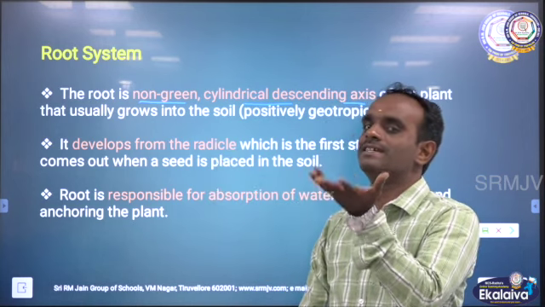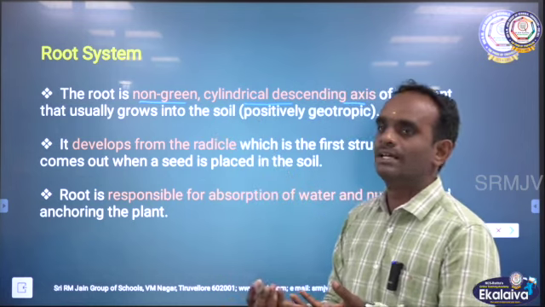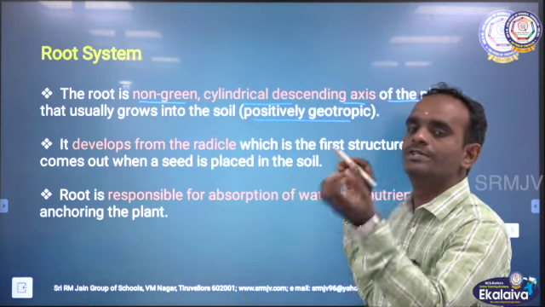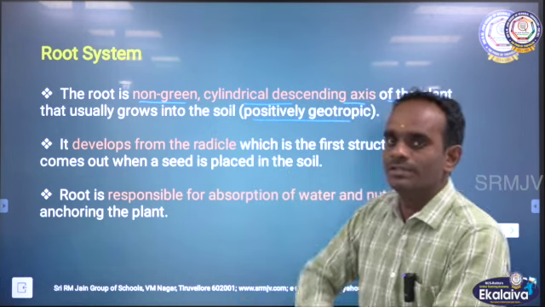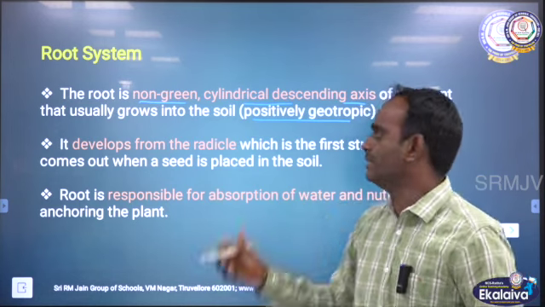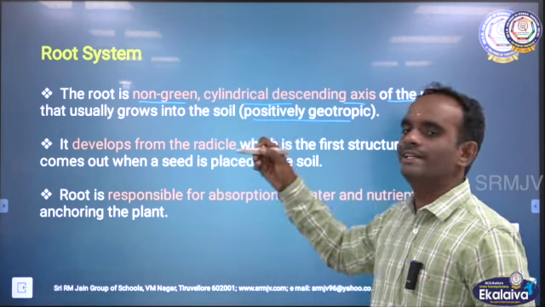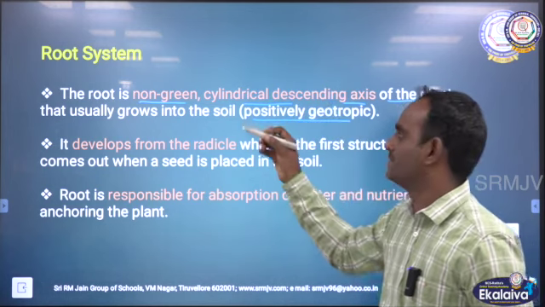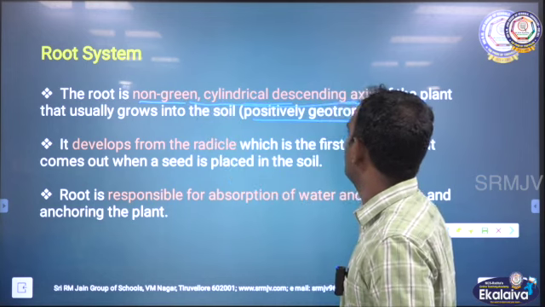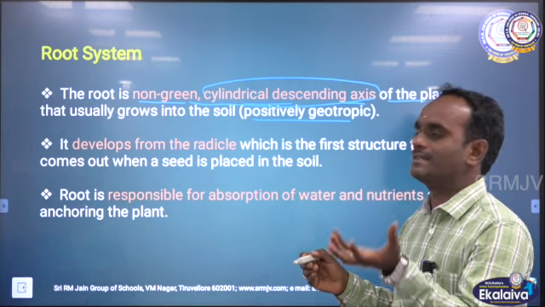So, it is said to be descending axis that usually grows into the soil, that is positively geotropic. It moves towards the gravitational force. It goes towards the earth. So, it is said to be positively geotropic. They are non-green cylindrical descending axis, very, very important.